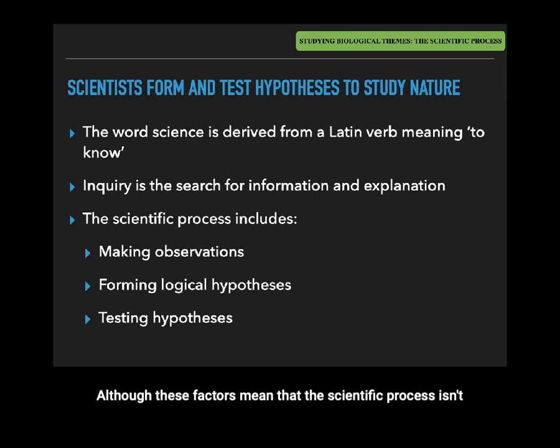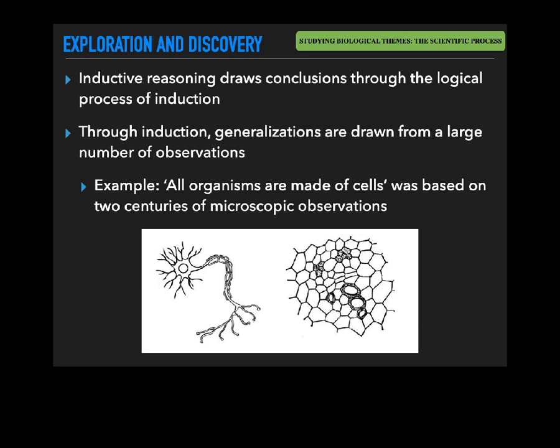Although these factors mean that the scientific process isn't always super structured, there is a process to inquiry that includes making observations, forming a logical hypothesis, and then testing that hypothesis. Collecting and analyzing observations can lead to important conclusions based on a type of logic called inductive reasoning. Inductive reasoning draws conclusions through the logical process of induction.